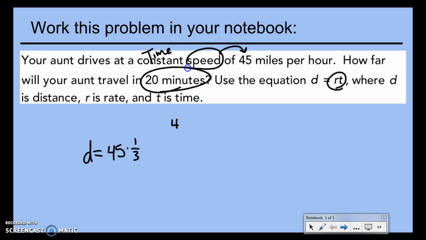So we have 45 divided by 3. 3 goes into 45, turns into a division problem, 15 times. So, your aunt drove 15 miles. D equals 15.